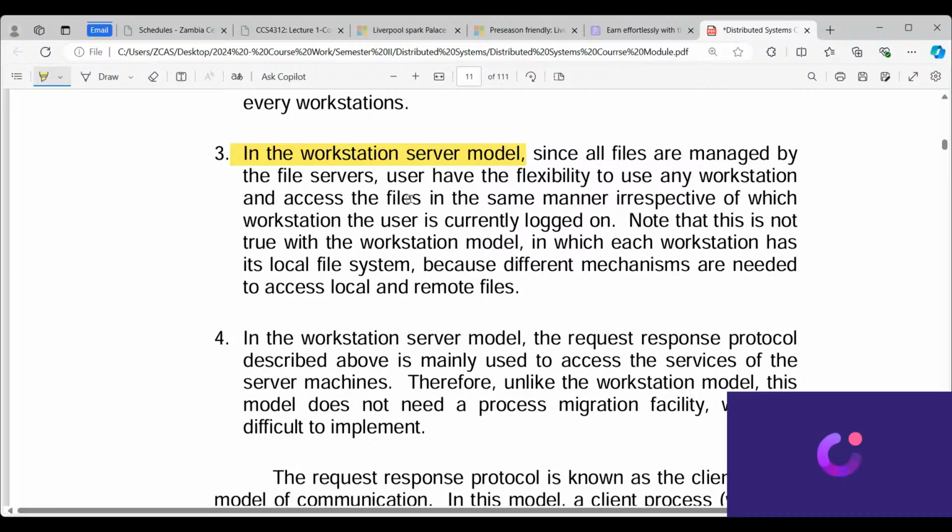So in this case, we are talking about the sharing of files regardless of the machine on which the users are logged in. Note that this is not true with the workstation model, in which each workstation has its local file system, because different mechanisms are needed to access local and remote files.